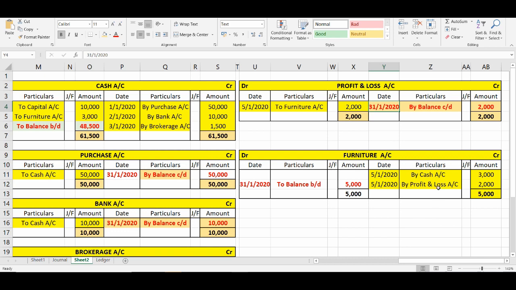Now for the furniture, since there were two entries passed, the heaviest will be 5,000. We'll be writing it on both the sides, and over here on the last date balance will be brought down, which will be 5,000, because that's the only amount that would be pending.